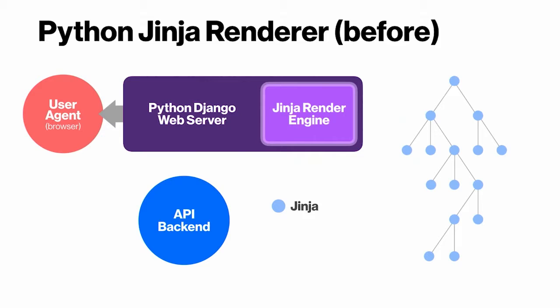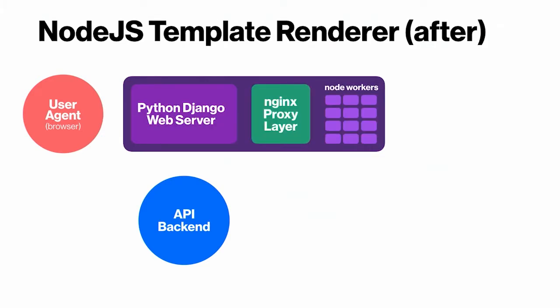Now let's take a look at what happened after we introduced the Node.js sidecar. You can see that now we have an NGINX proxy layer for load balancing and Node workers for non-JSX rendering. Everything starts in the same way: the user types in pinterest.com and we send a request to the server.